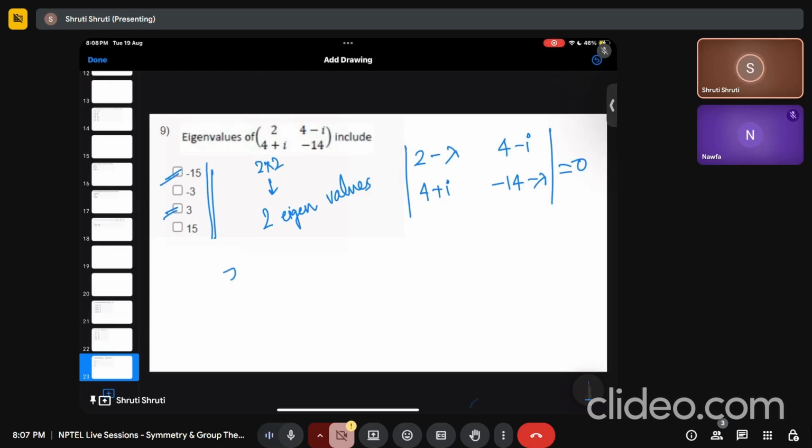Simple, no? But 2 minus lambda, minus 14 minus lambda, minus 4 minus i, 4 plus i, minus 28.